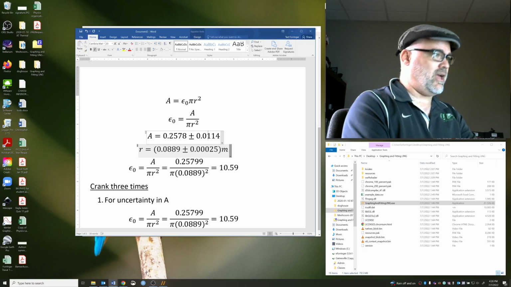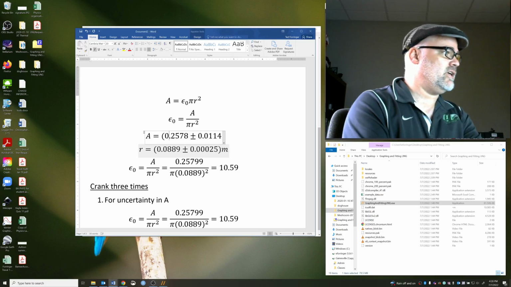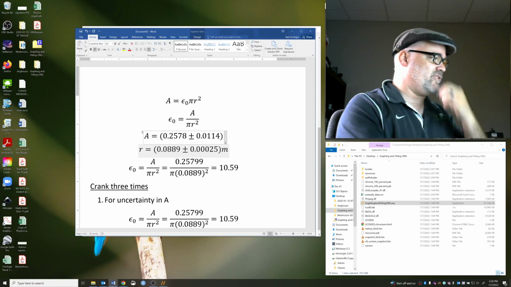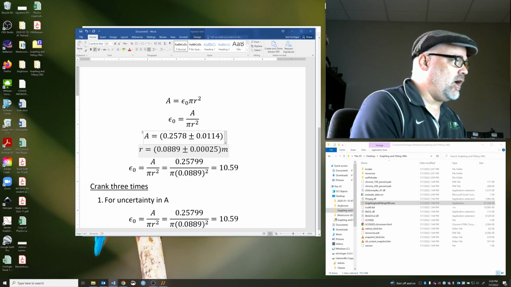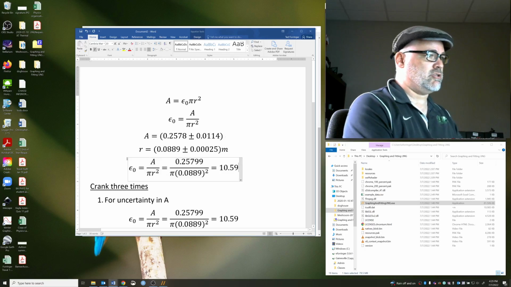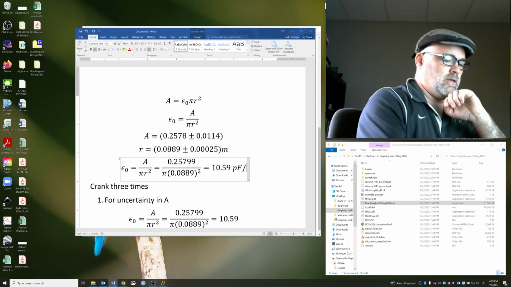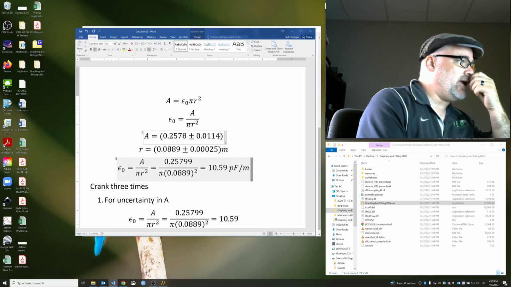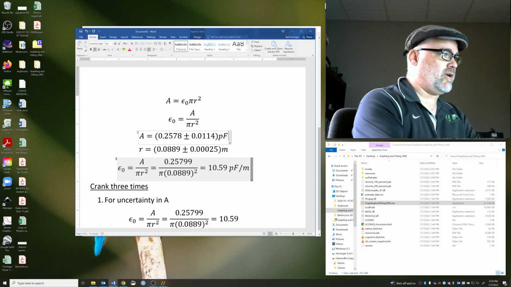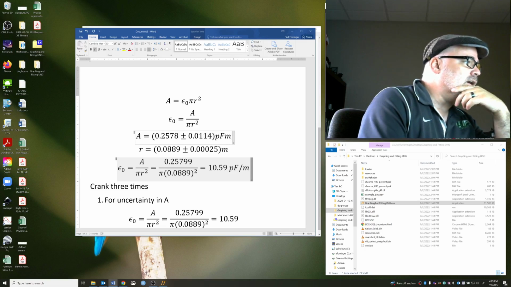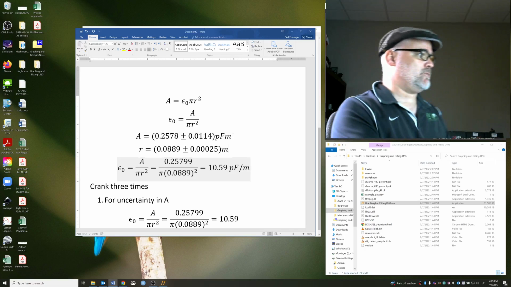And the units for A are a little bit tricky. We'd have to go back to the equation to figure out exactly what they are. But epsilon 0 has units of picofarads per meter. So it must be that A has units of picofarad meters. Because when I divide by meters squared, I get picofarads per meter. So I think that must be right.